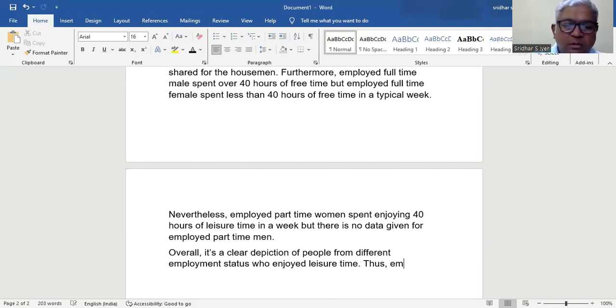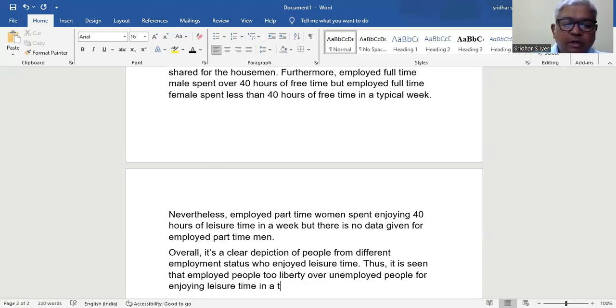Thus, it is seen from the chart that employed people took liberty over unemployed people for enjoying leisure time in a typical week.